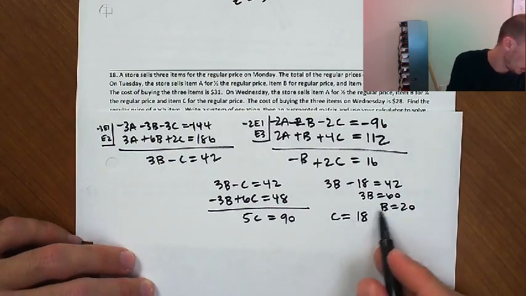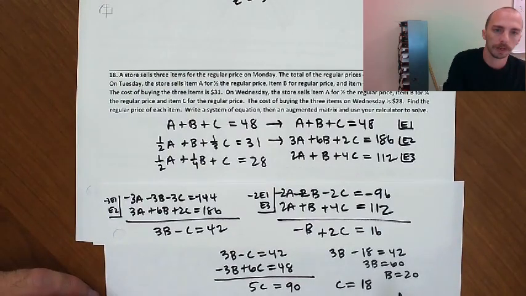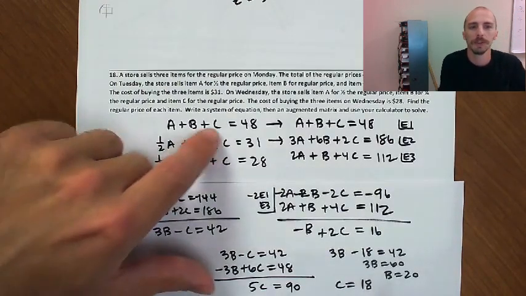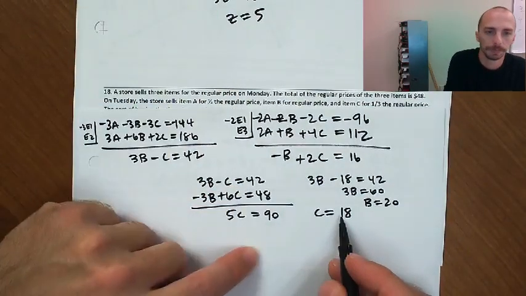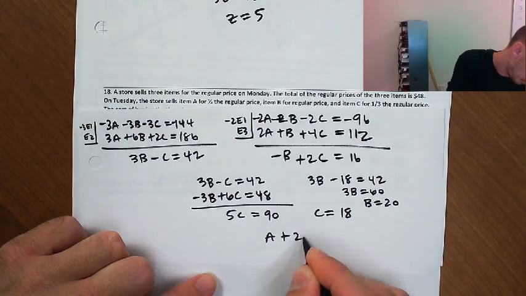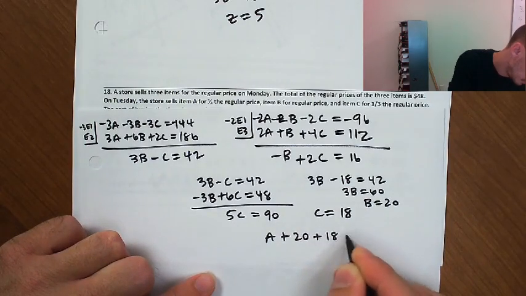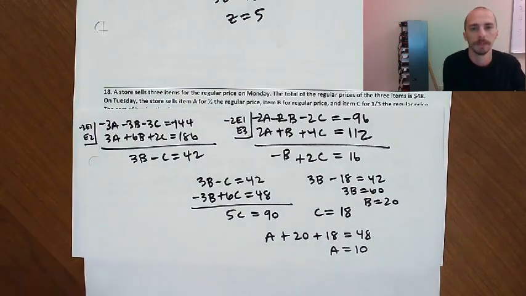And then lastly, I'll get from one of my original equations: I need a plus b plus c equals 48. So c is 18, b is 20. A plus b plus c equals 48. That's telling me that's 38, and a needs to be 10. Okay, that's going to be the prices of all 3 items.